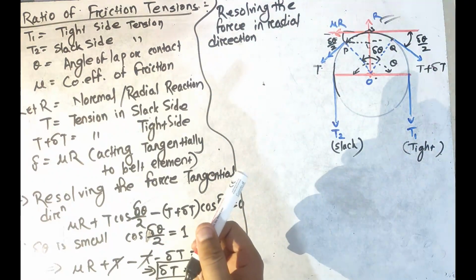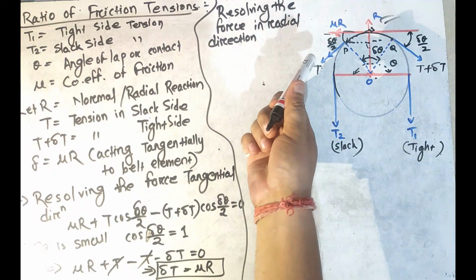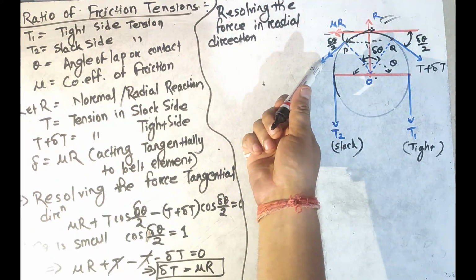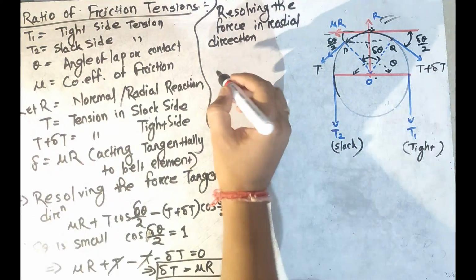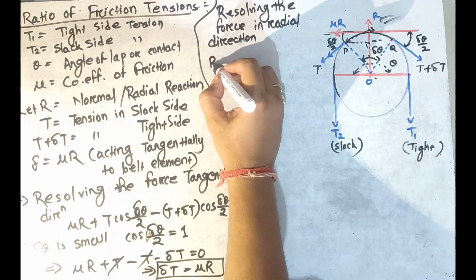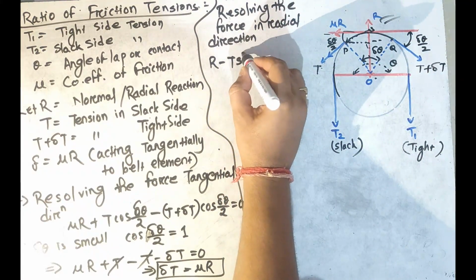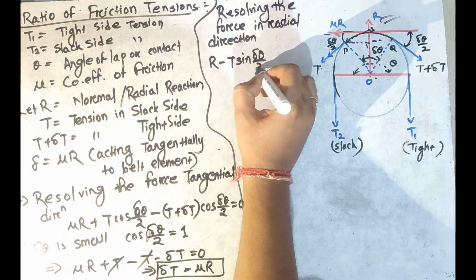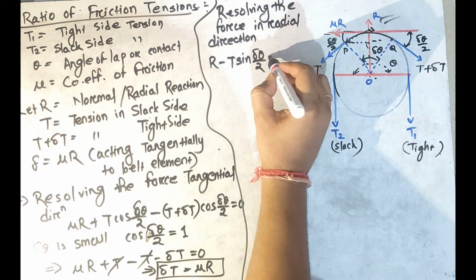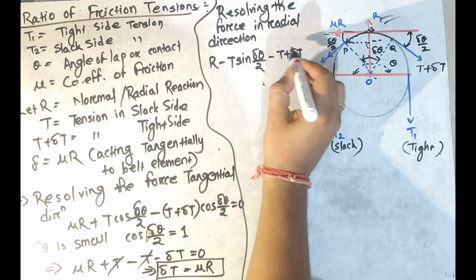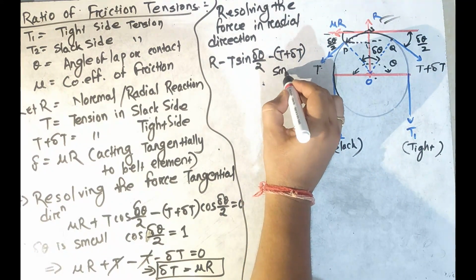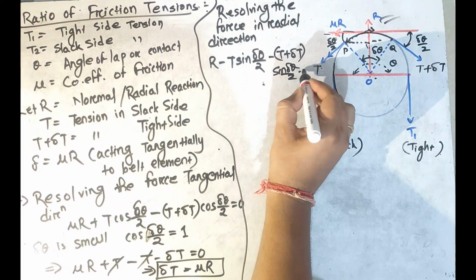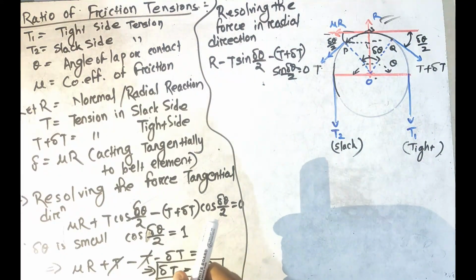One reaction force, that is capital R, and the vertical components of these two forces, that is T and T plus del T. So R minus T sine del theta by 2 minus T plus del T sine del theta by 2 will be equal to 0.